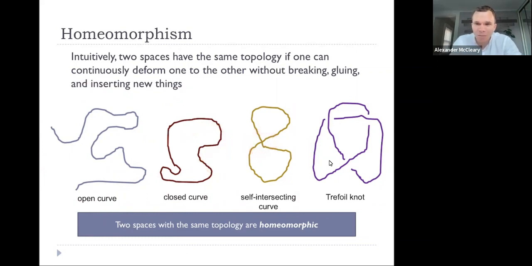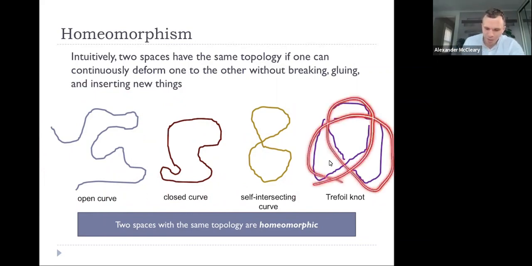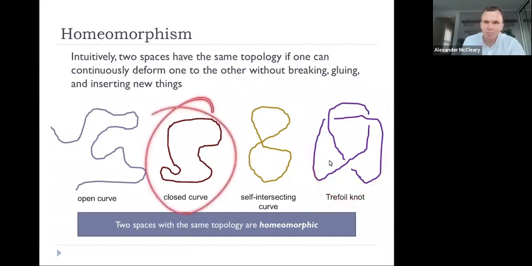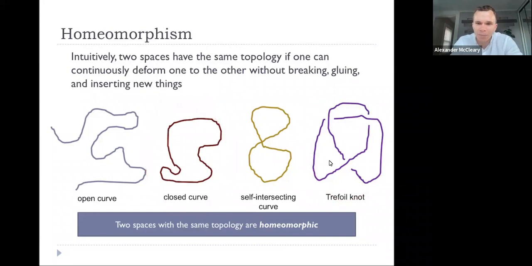Finally, the most interesting relation here is the trefoil knot, this right here versus this closed curve. It turns out that the trefoil knot is homeomorphic to the closed curve. Topologically, this object and this object are exactly the same.